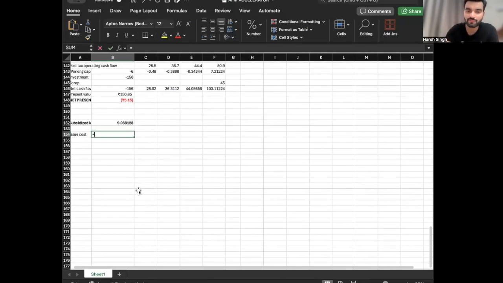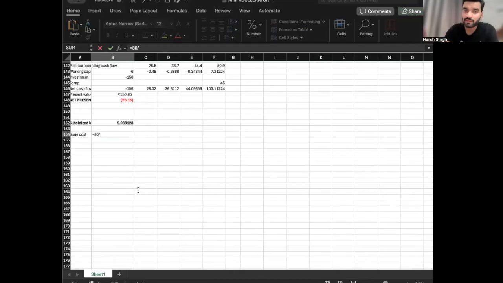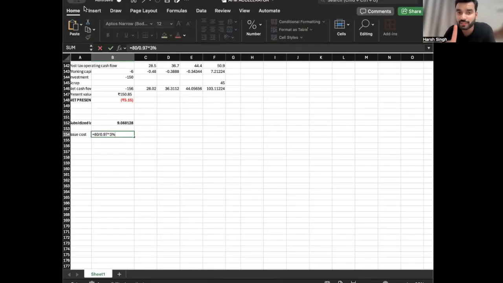So how much will that be? 80 million divided by gross value, remember. So divide by 0.97 and then multiply by 3%. Okay. So now you will have the gross value. Because it is given as gross value, that is why we are dividing it by 0.97.